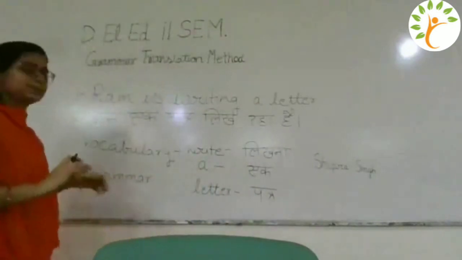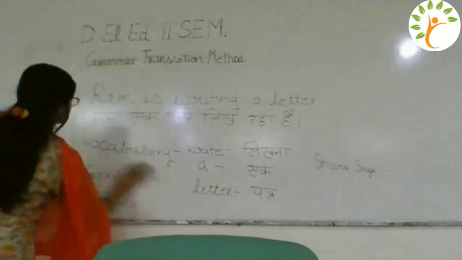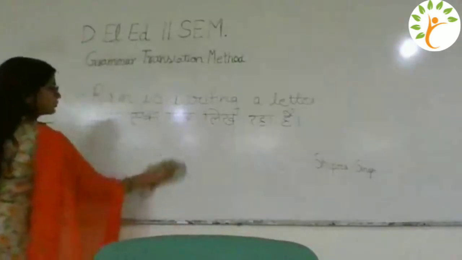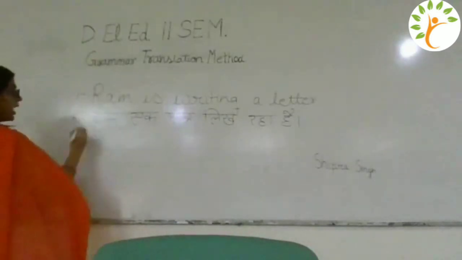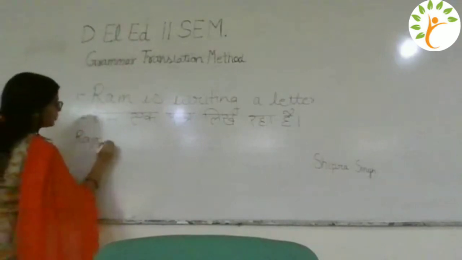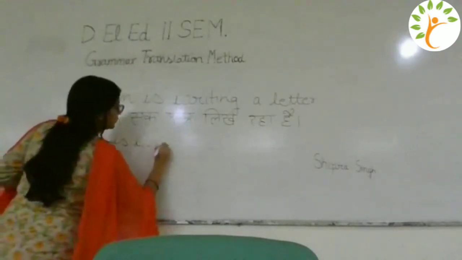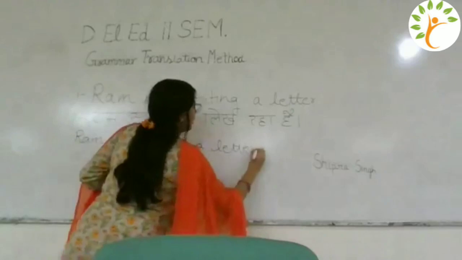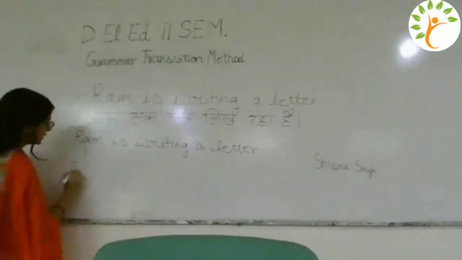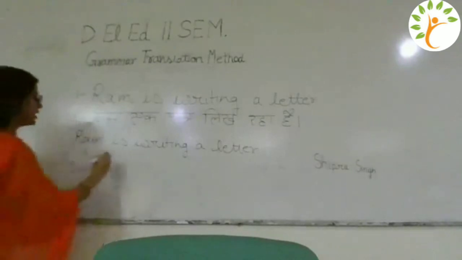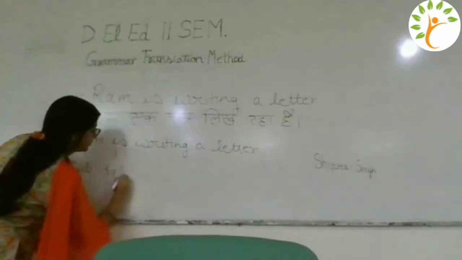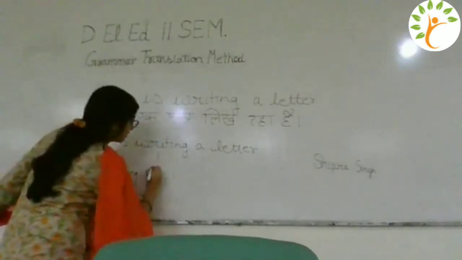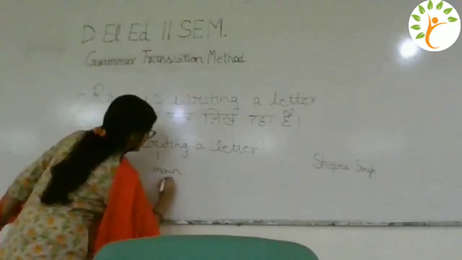Now we will see grammar. Ram is writing a letter. Now here Ram is the subject, is is the helping verb, writing is the main verb.